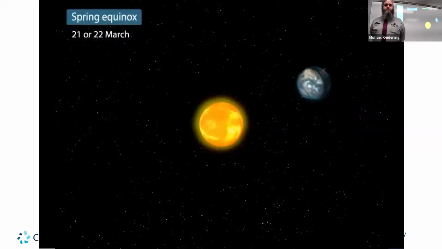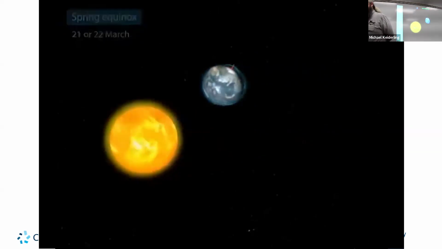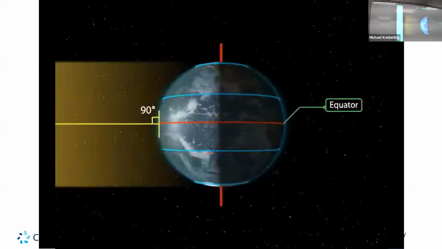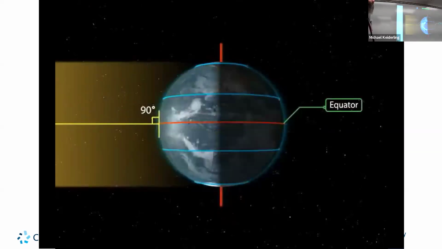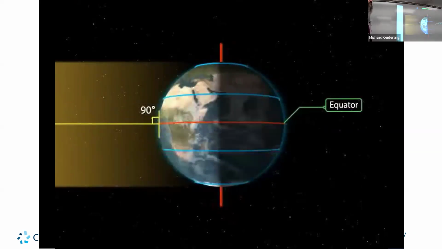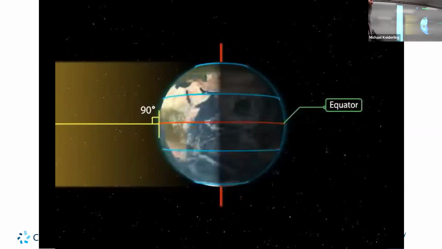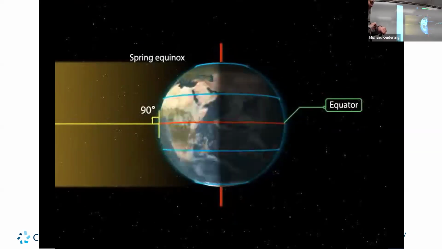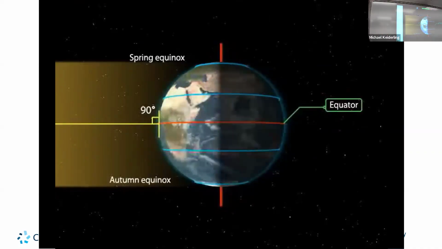Spring equinox on the 21st or 22nd of March. The overhead sun is over the equator. The equator receives the largest amount of solar radiation. At this time, the northern hemisphere is in the spring equinox, while the southern hemisphere is in the autumn equinox.